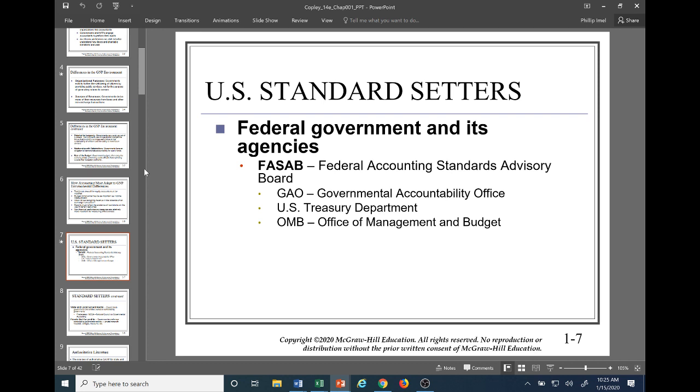The first one we're going to get into is going to be the FASAB, which is going to be the Federal Accounting Standards Advisory Board. And then these are going to be the three units of it down here. The GAO, which is the Governmental Accountability Office. Then we have the U.S. Treasury Department. And then the Office of Management and Budget, the OMB.